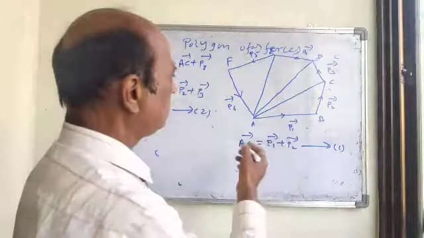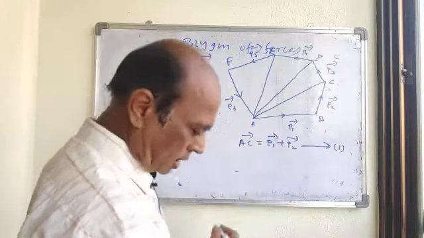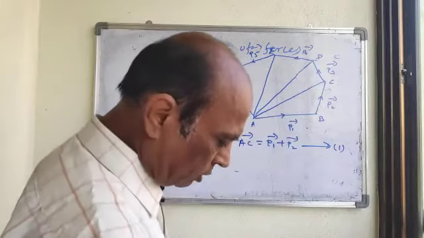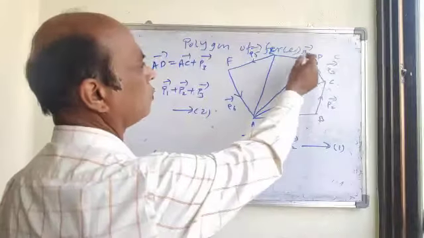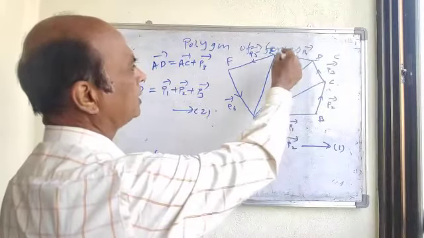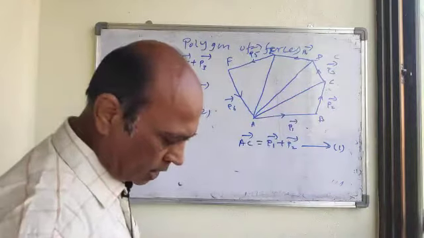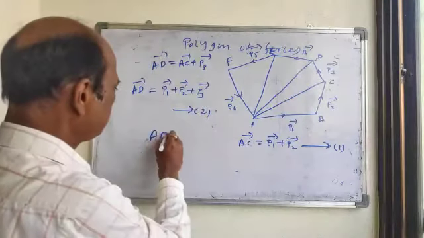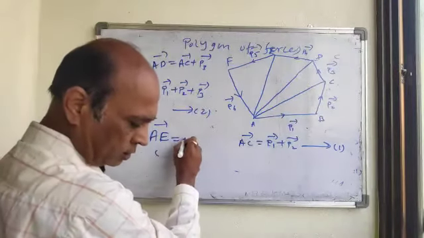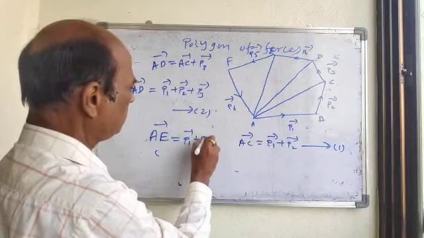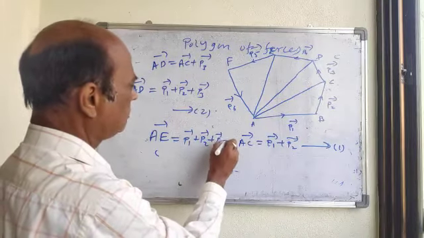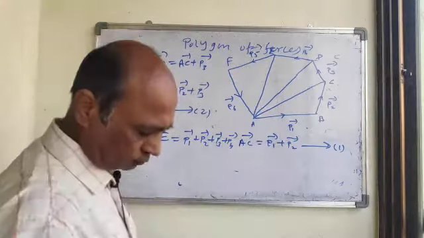Now again the resultant of AD bar and P4 bar is represented by this AE bar, and from that you can write this AE bar is equal to P1 bar plus P2 bar plus P3 bar plus P4 bar.